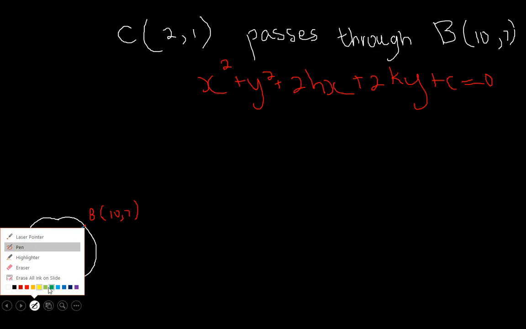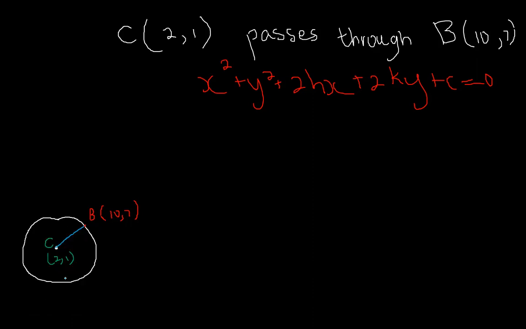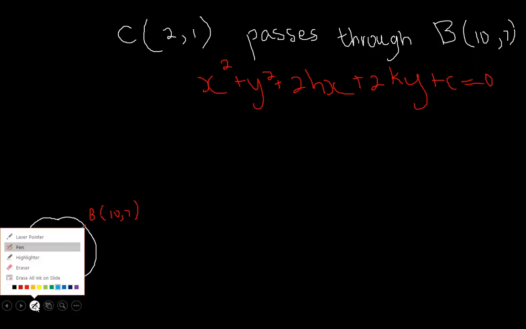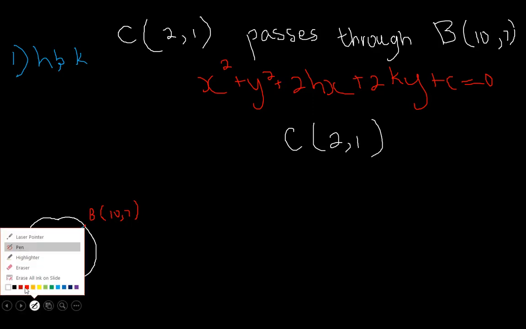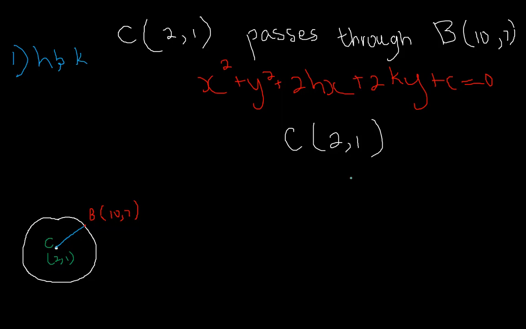The first thing we could do is identify your H and your K to put it in this form. Remember, that's the first step. So let's see, the center is (2, 1). What I need you to remember is the center is always in the form (minus H, minus K).